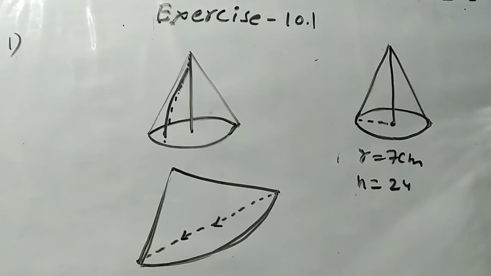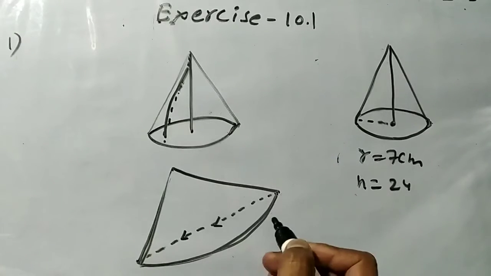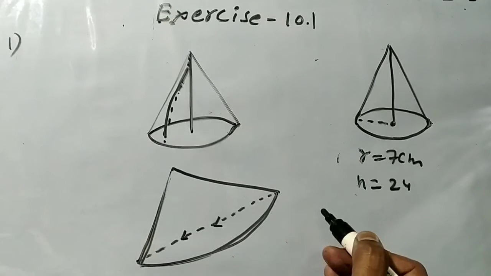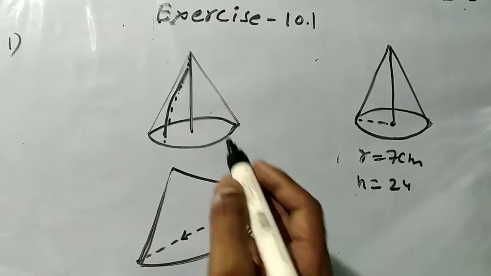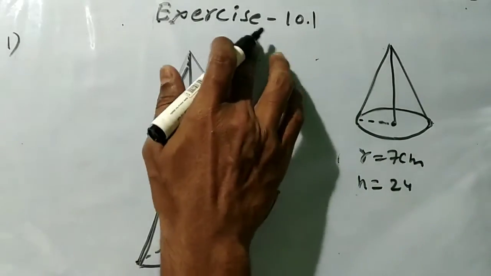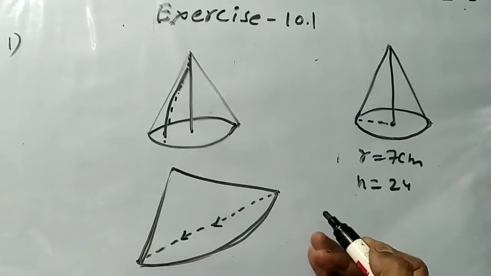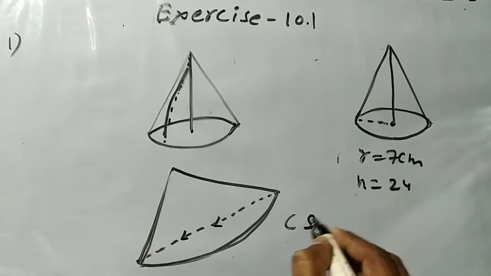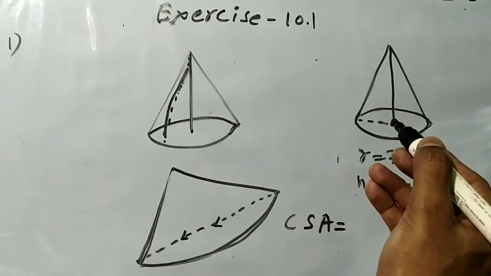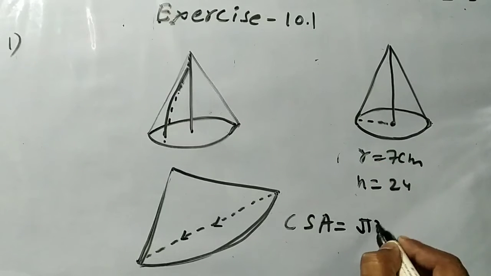So CSA, or curved surface area, is equal to lateral surface area. Lateral is nothing but side, so lateral surface area is nothing but curved surface area. The curved surface area of a right circular cone is pi r l.